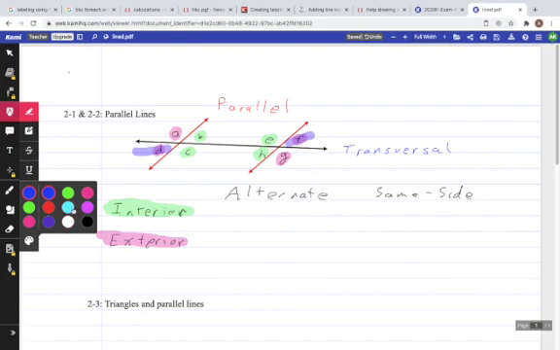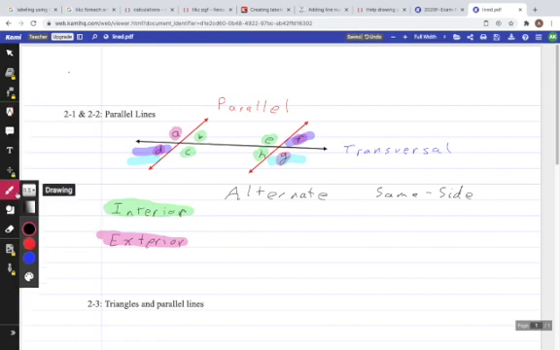Whereas my same side for D is G. But where you're located in regards to your partner, so to speak, tells us what's true about them.